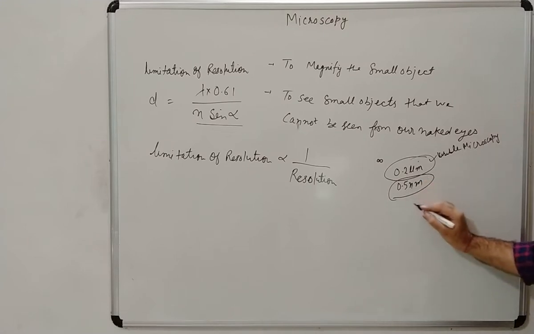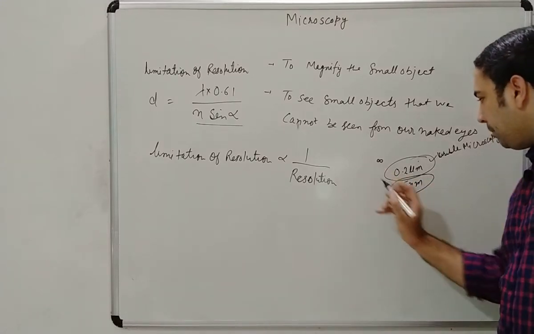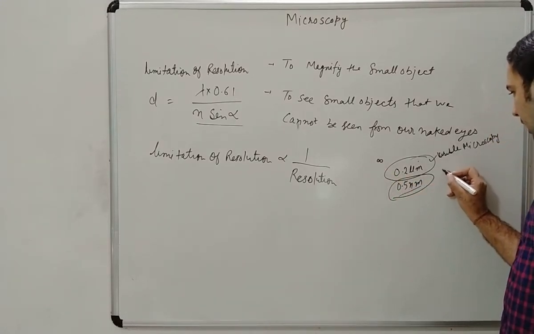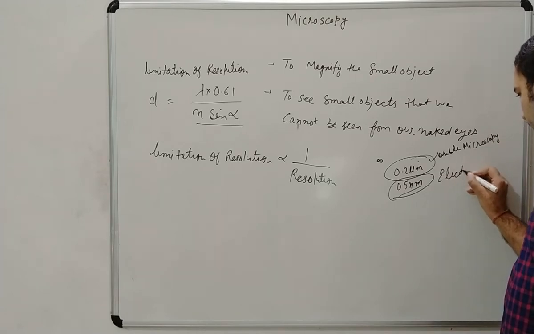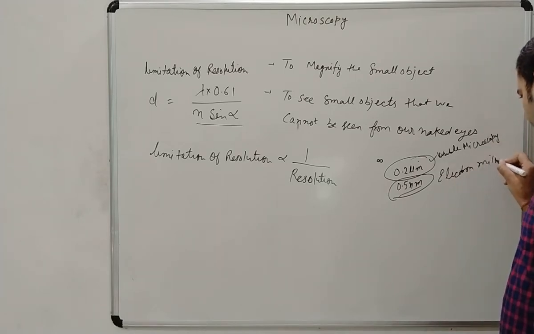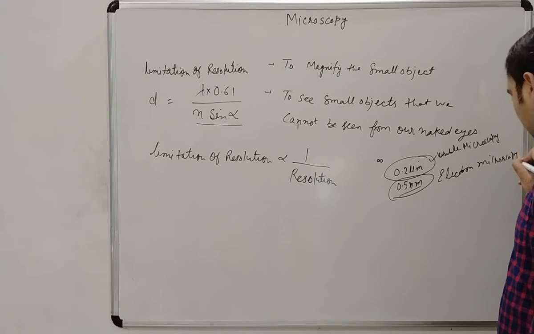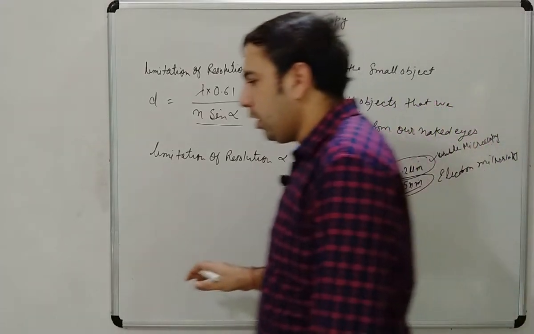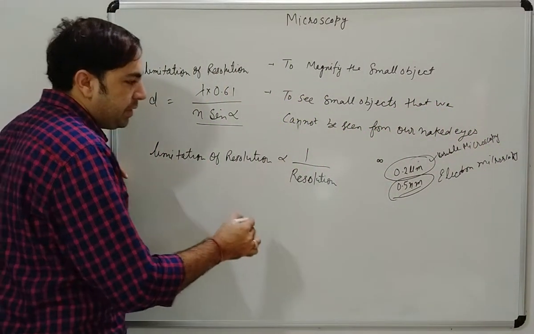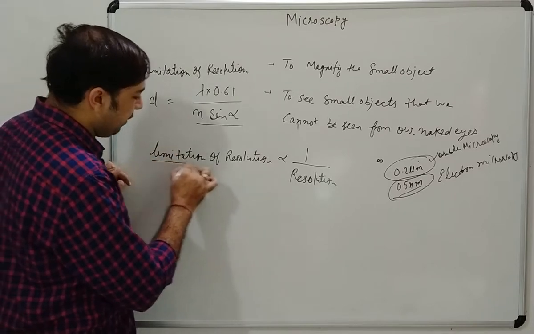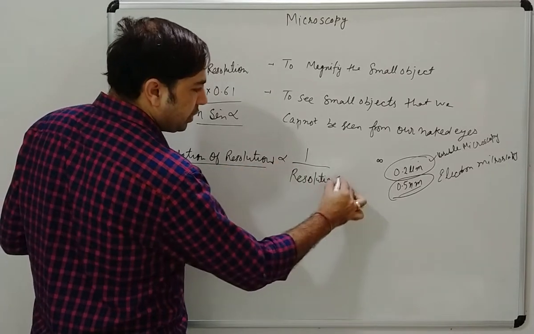If you want more clarity between them, you can measure by electron microscopy. This is the resolution. Now resolution depends on the limitation of resolution. It means if the limitation value is less, your resolution will be high.